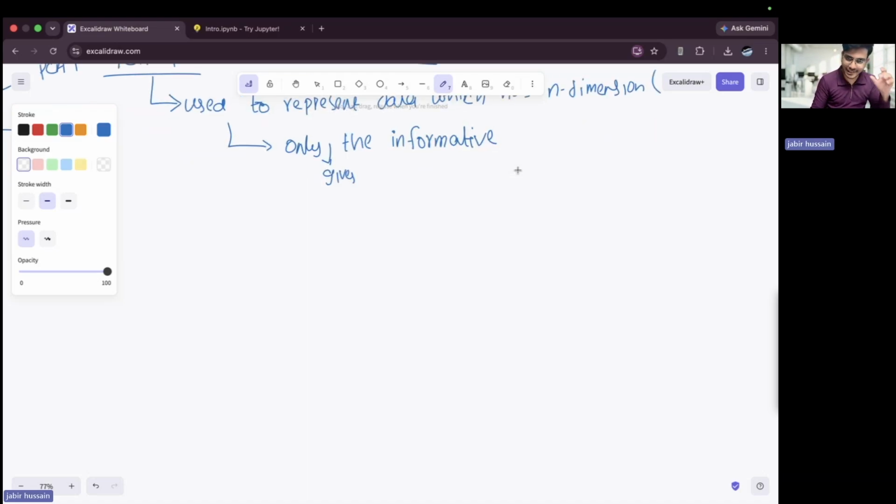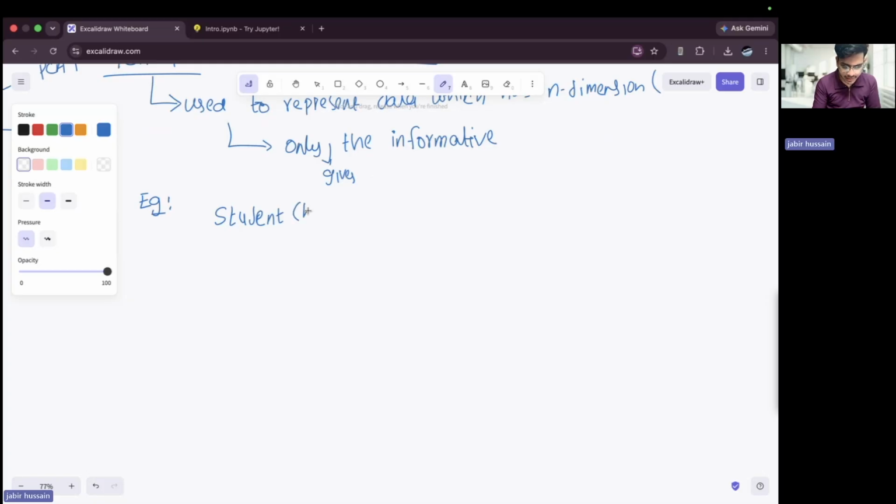Now, let's take an example to understand where and how we use it. Imagine that I'm in a classroom. In the classroom there are students, and a teacher is arranging students, allotting seats based on heights.